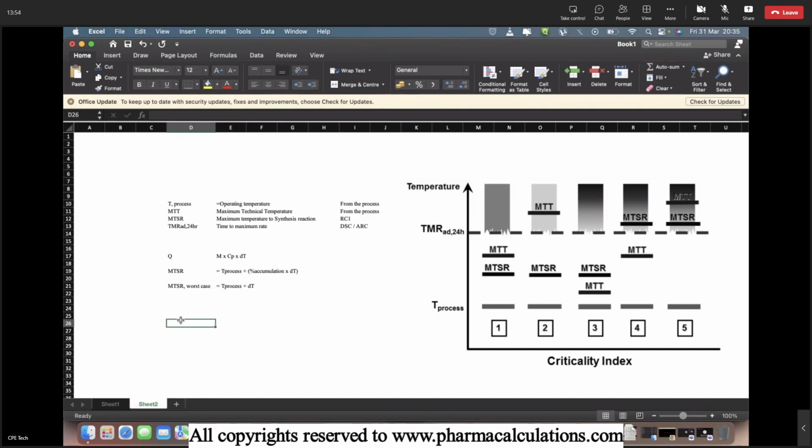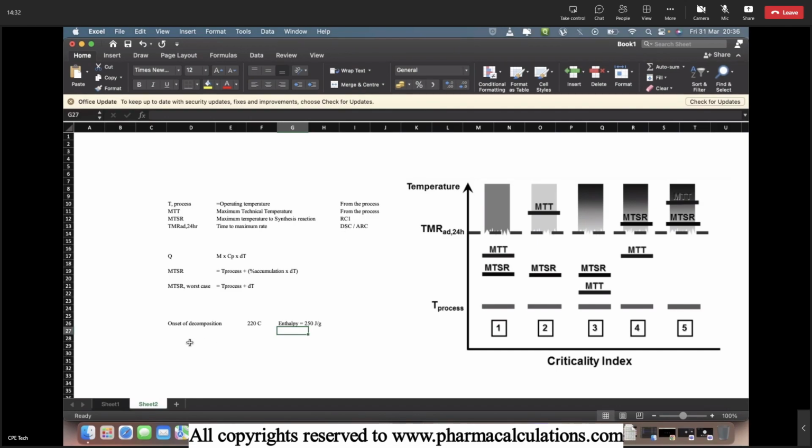So let's say the onset of decomposition is approximately 220 degrees centigrade, and the enthalpy associated with this exotherm is, let's say, almost 250 joule per gram. As this has an enthalpy of 250 joule per gram, we are going to consider this a significant exotherm. And the onset of decomposition is observed at 220 degrees centigrade during the DSC testing.